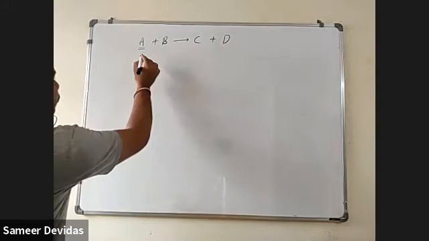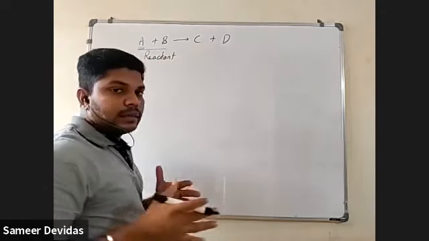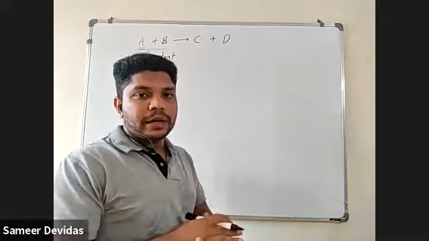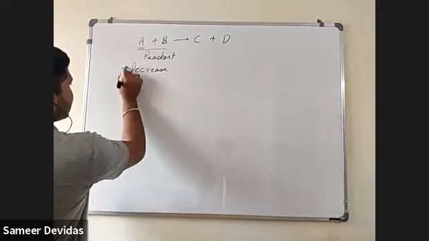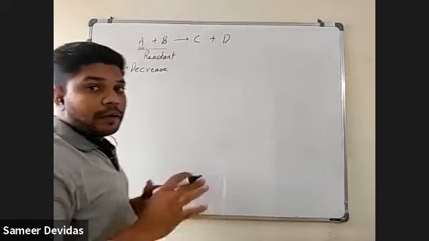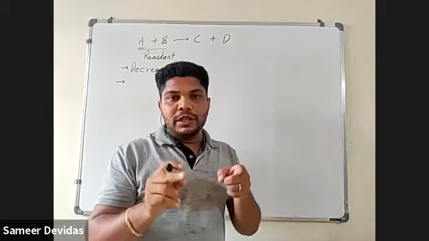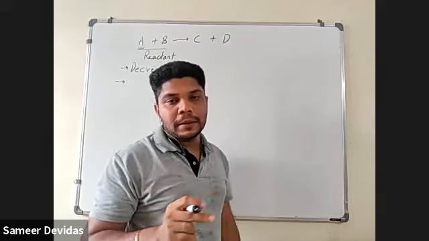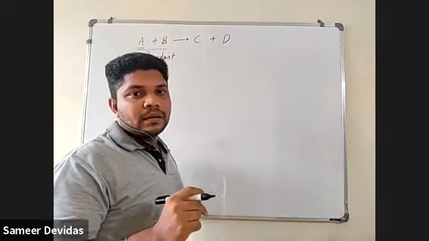Now, whenever we are talking about the reactant side in a particular reaction, what happens to the reactant? Is the reactant increasing or decreasing? Decreasing. You can say decreasing or decrease, or one more word they use while giving a problem. Whether you will use the word disappearance or appearance for reactants?